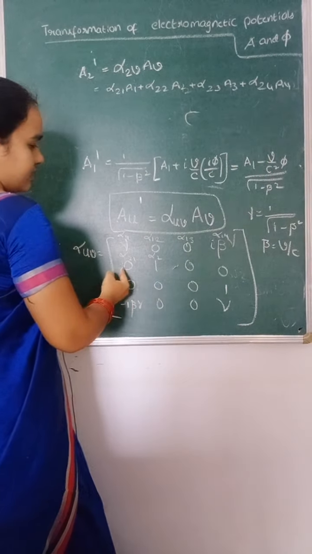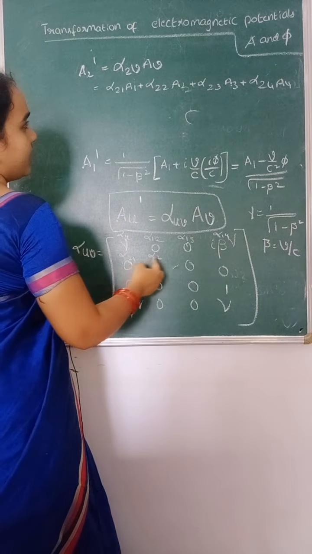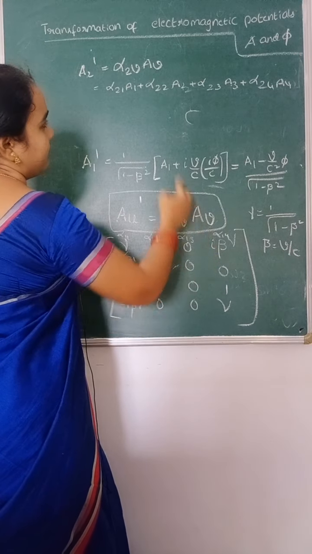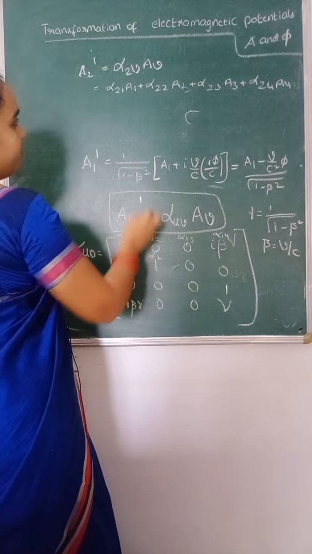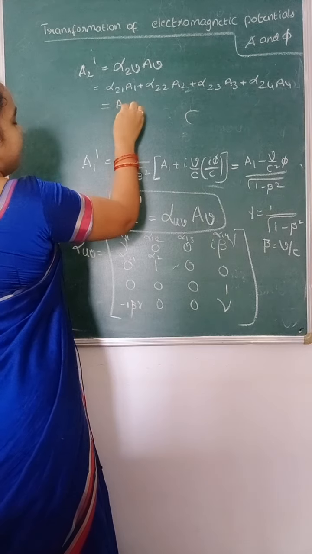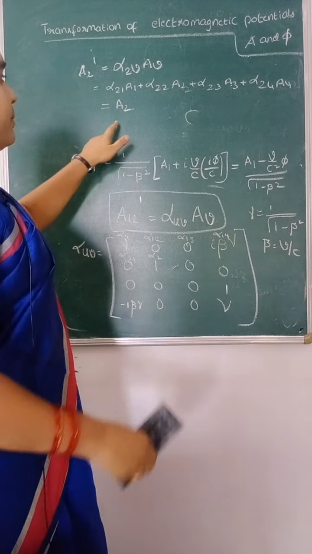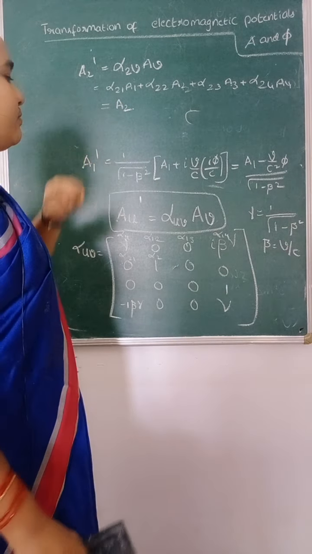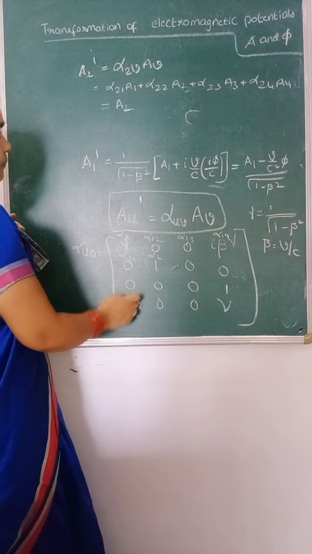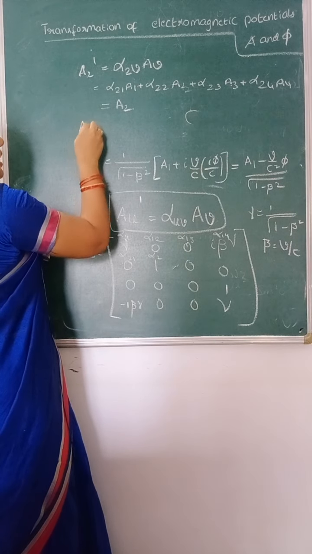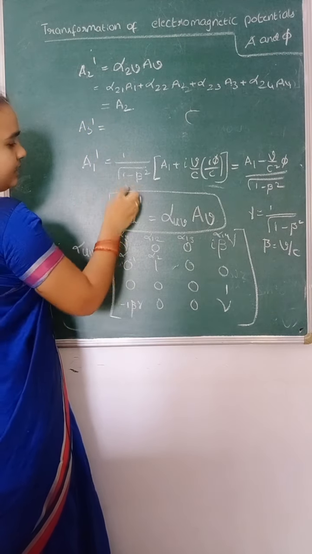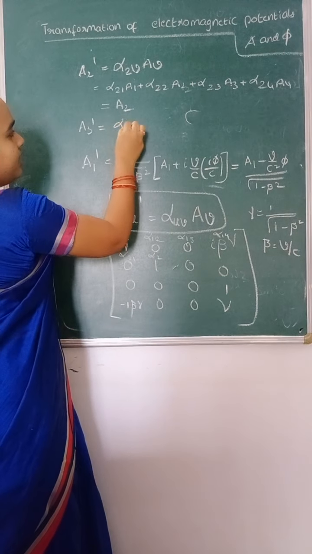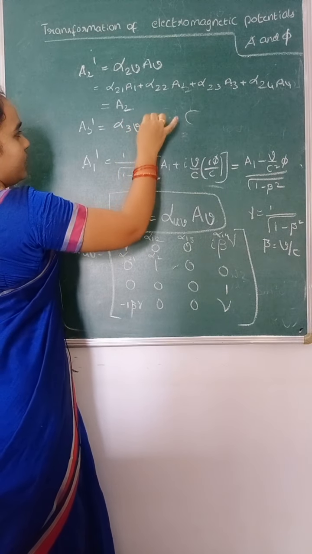All these terms are zeros, that is alpha 21, alpha 23, alpha 24. Only alpha 22 value is 1, so it is simply A2. The A2 term is equal in both inertial frames of reference. Similarly, A3 dash can be calculated from the formula alpha 3v into A_v.